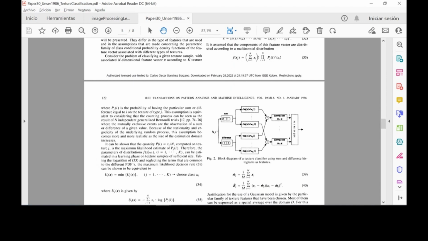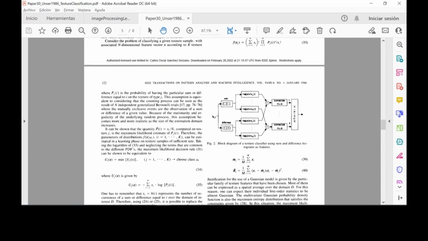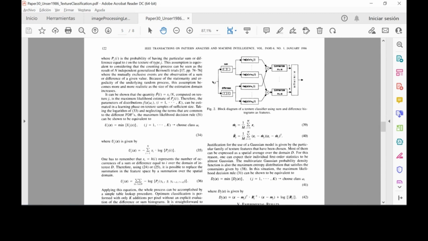But actually, maximizing this likelihood is equivalent to minimizing this. We are making a big jump here, but we are not making this proof. But maximizing this likelihood is the same as minimizing this distance.